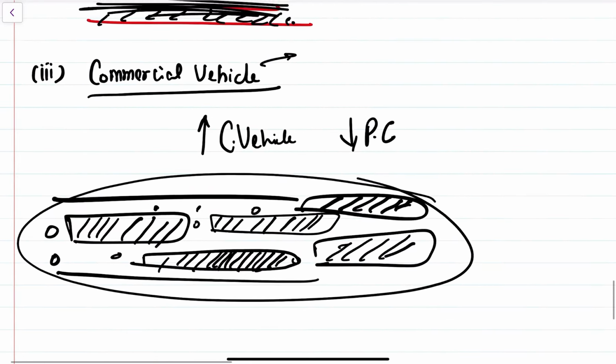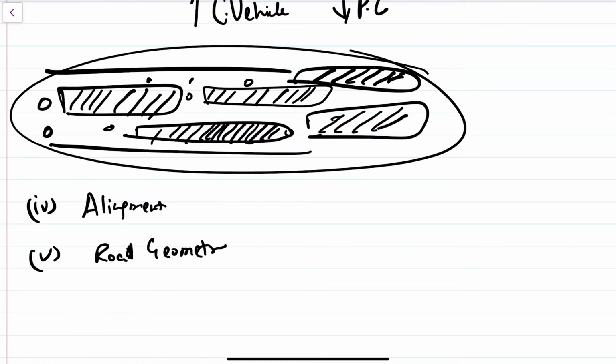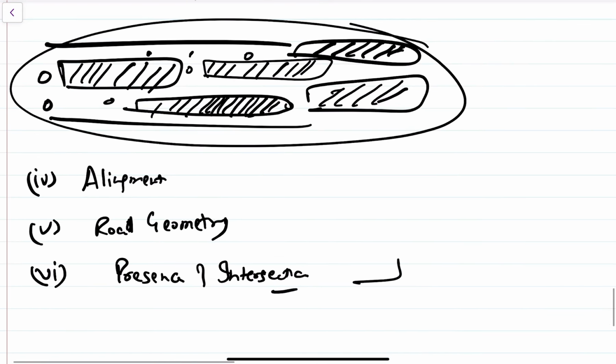Apart from that, your traffic capacity is also dependent upon the alignment of the road. It is also dependent upon the road geometry. And it is dependent upon the presence of intersections.